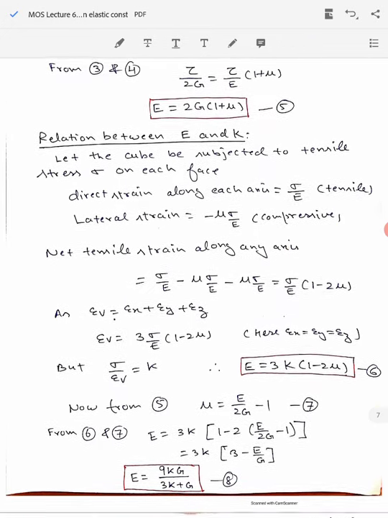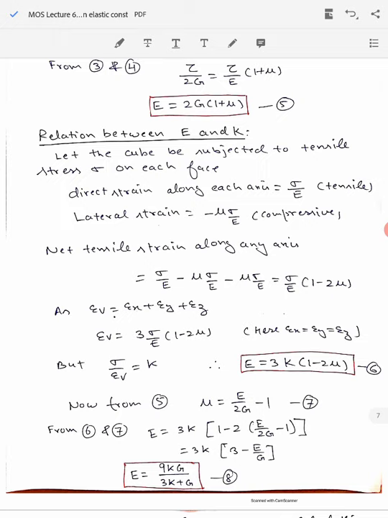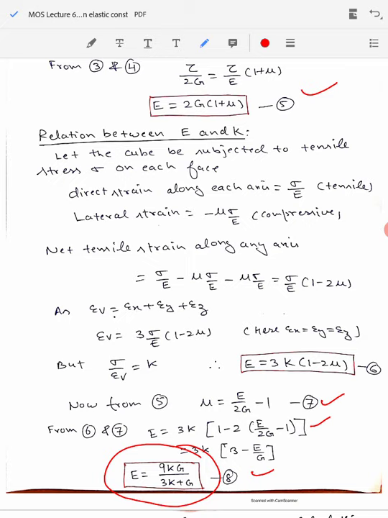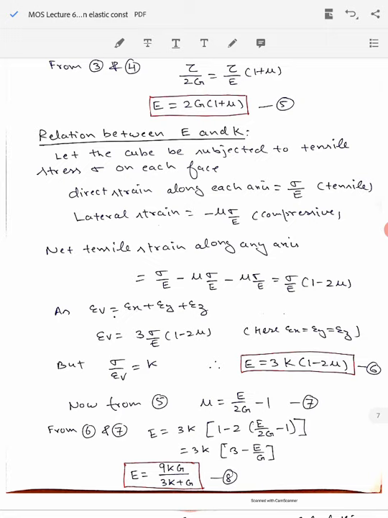Now from equation 5 we have the relation, we can define mu as E by 2G minus 1. So from this equation 5 we define mu as E by 2G minus 1, and if we substitute this value of mu in equation 6 here, we can find the relation between E, K and G. So this relationship we can derive will be the relation between the modulus of elasticity E, modulus of rigidity G, and the bulk modulus K. So you see, if we know any two constants, either E or G, we can find out mu.